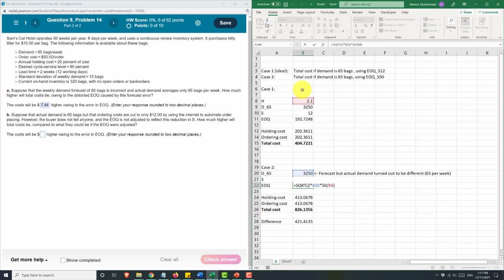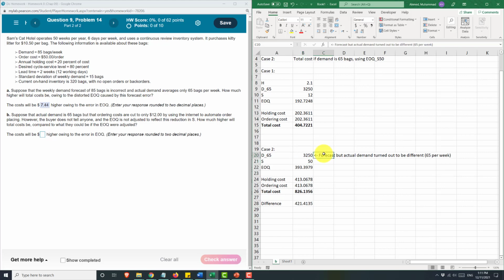So when we do this calculation, we need to multiply by 50, not 12. And we'll get an EOQ which is much larger than 192 because we think our ordering cost is a lot higher.